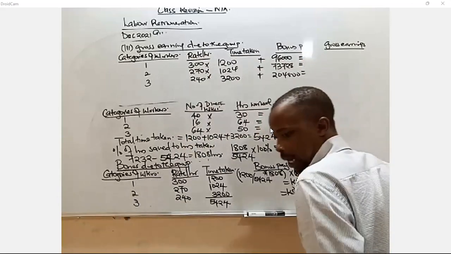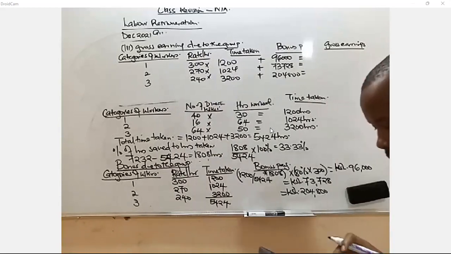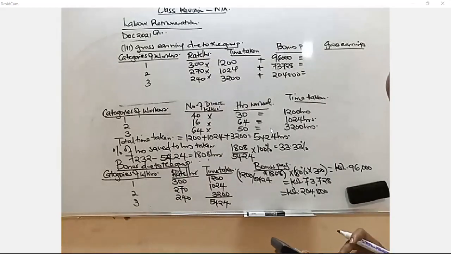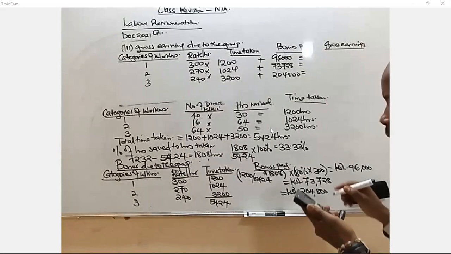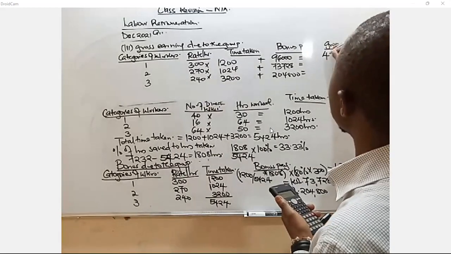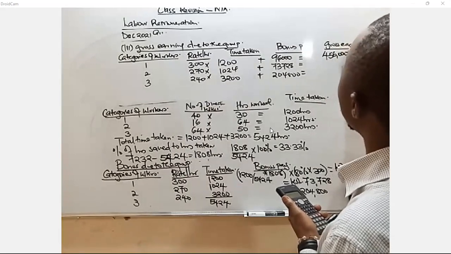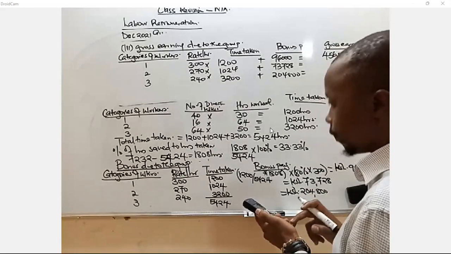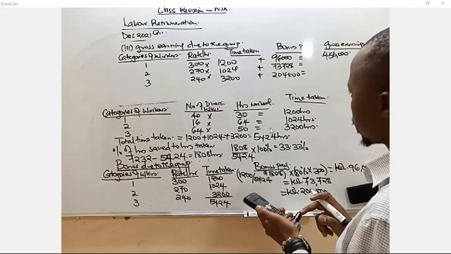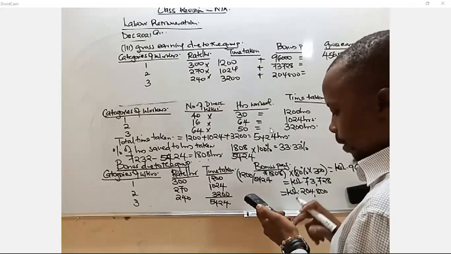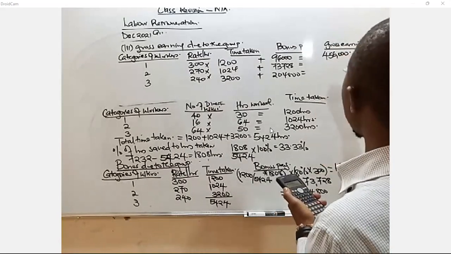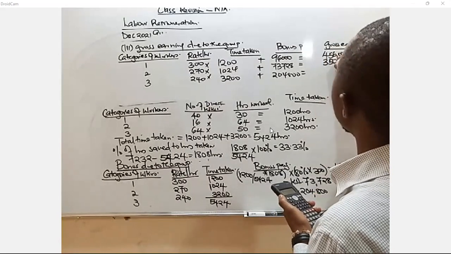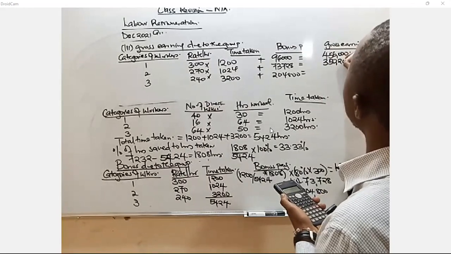Okay, take your calculator out. So 300 times 1200 plus 96,000, we have 456,000. Then the second one will be 270 times 1024 plus 73,728, getting 350,208.